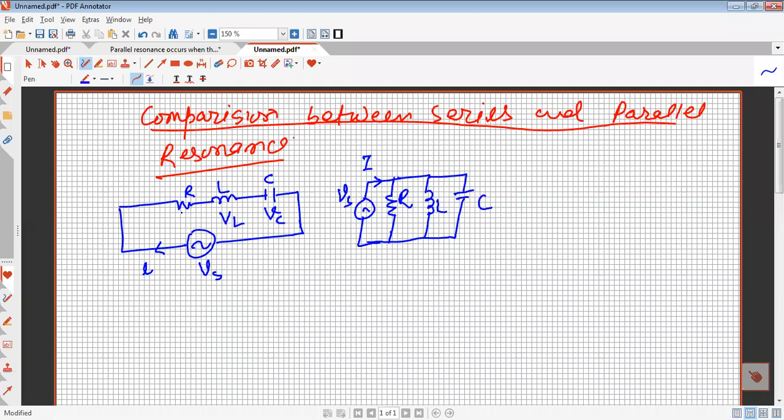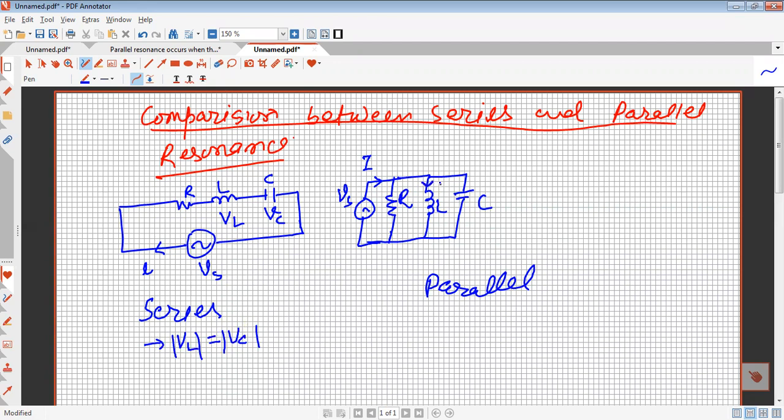This is our series RLC circuit. When resonance occurs, what will happen for series? Here the voltages VL and VC are equal in magnitude and opposite in phase.